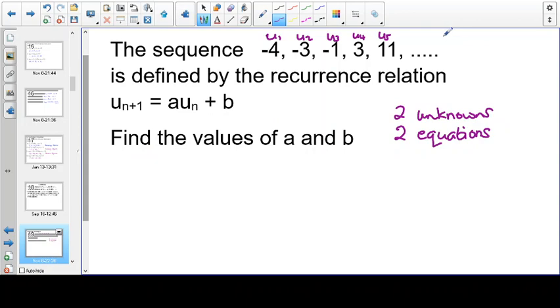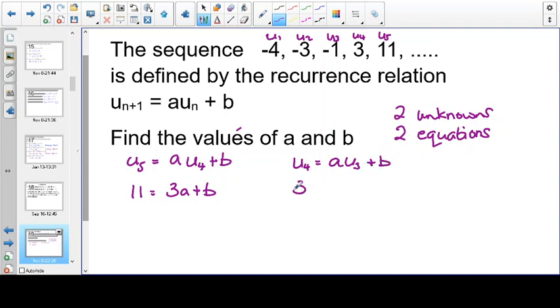So U5 must be something times by U4 plus B. So I can say that 11 must equal 3 times A plus B. I can also say that U4 must equal A times U3 plus B. So 3 must equal minus A plus B. Okay, that's equation 1. That's equation 2.